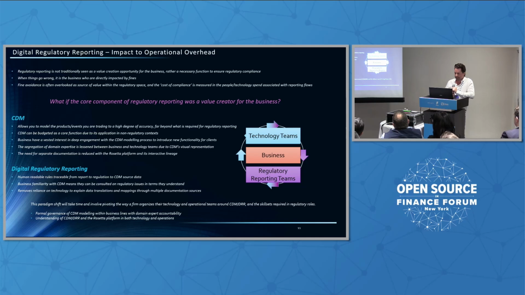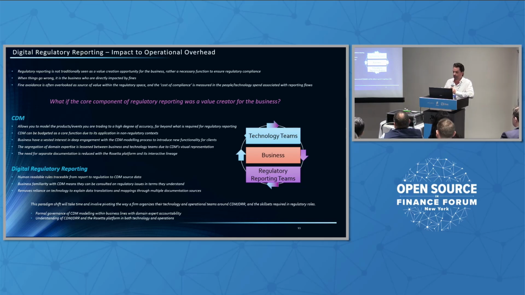Now, what actually happens with CDM is the business has a vested interest in mapping products to CDM, which we do, and we've got our various lines of business now involved with the product mapping. All of a sudden, you've got your business engaged in the thing that's actually going to be driving the regulatory reporting, which addresses one of the problems I mentioned earlier, that technology are not close to the business from a regulatory reporting perspective, and vice versa.